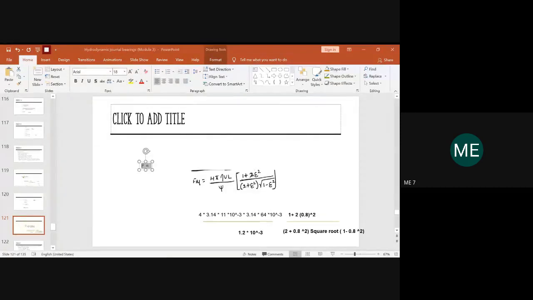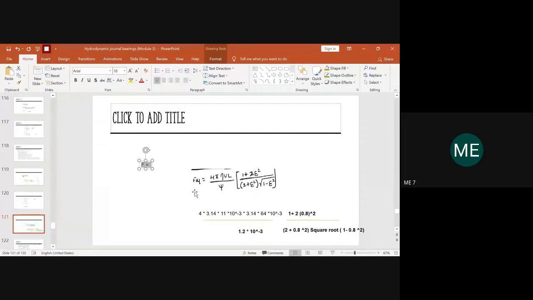Will you get somewhere near 234.01 near 2 something newtons? Please calculate and let me know.